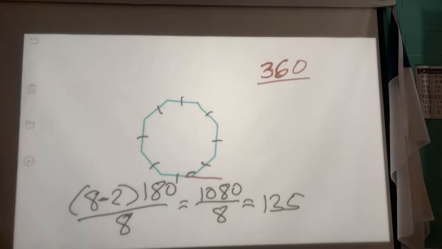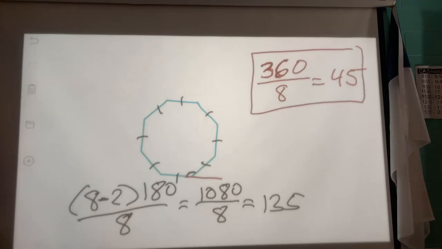We said 8, right? So if you divide that by 8, then you are going to get 45. Okay? So that's the fast, easy way to come up with the exterior angle of a regular polygon. Whereas down here, we would have had to take 180 minus the 135, and that's how you would have gotten 45 that way.